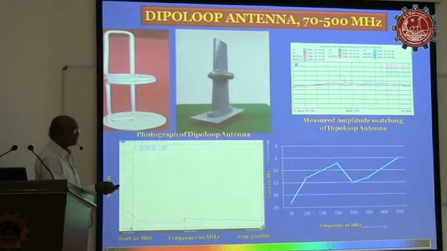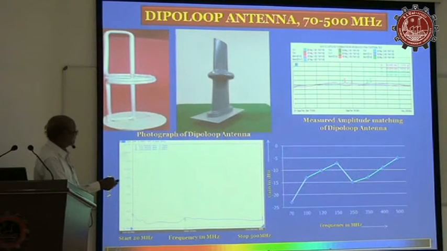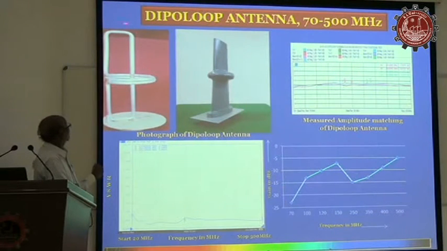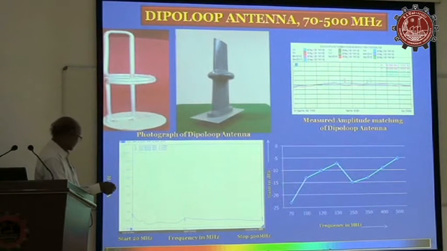With a lot of discussions in the UHF group, we came to a solution like this. This is one loop and this is a dipole. We combined them together to respond for both vertical and horizontal polarization, covering a frequency range of 20 MHz to 500 MHz.